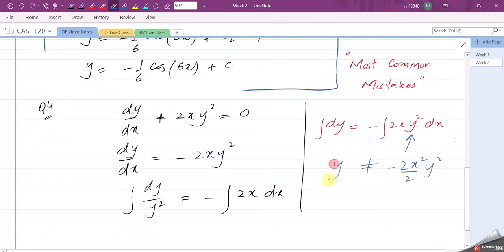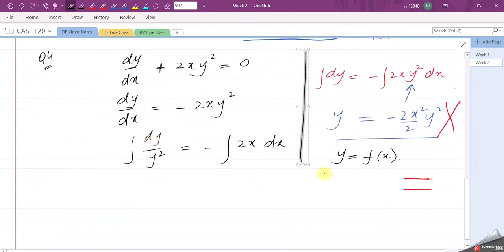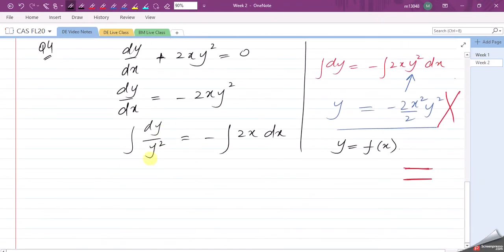No, this is wrong. This one is wrong. We cannot write it like this. That step is wrong. Right. So we cannot do this thing. We cannot integrate like this. It should be completely separation of variables, as the method says, separation of variables. Okay, completely separate. No x on the side of y, no y on the side of x.